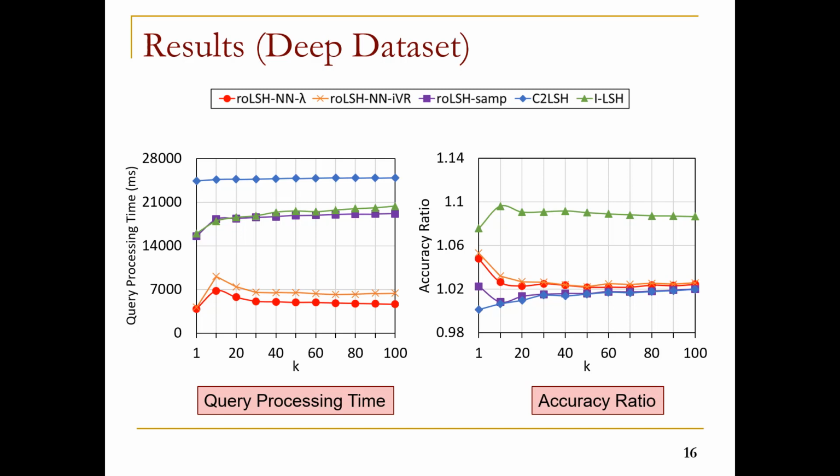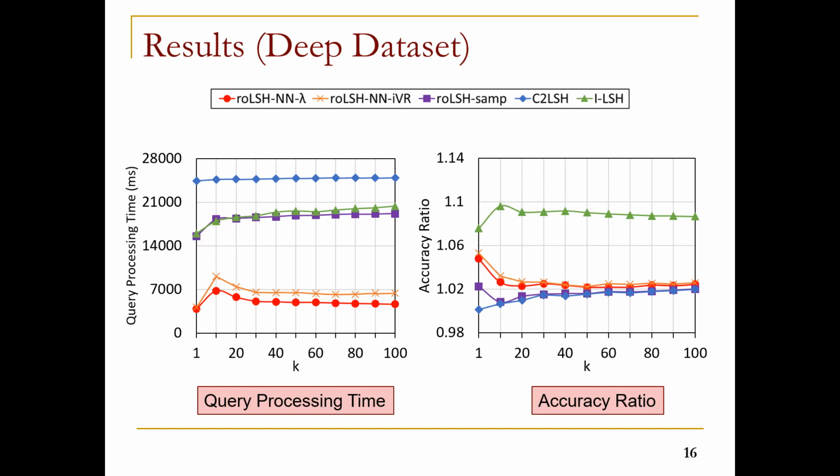The left chart on this slide shows the overall time required to solve a given query. All roLSH variations are always faster than C2LSH and ILSH, with roLSH-NN lambda being the fastest because of its ability to accurately predict radiuses with a very small overhead, resulting in significantly fewer random IOs and less data read. The chart on the right shows the accuracy of all techniques.